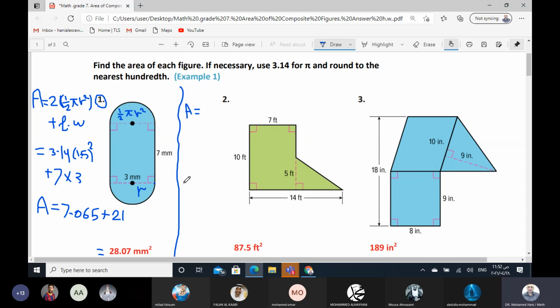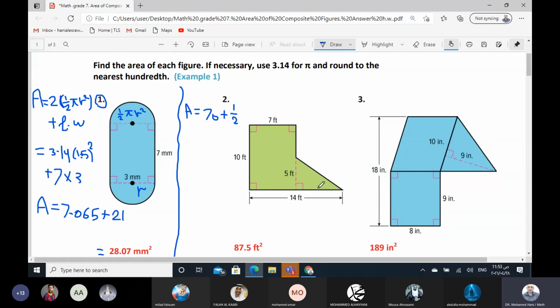Okay. So the area now will be the area of the rectangle, 7 times 10 will be 70, plus the area of the triangle, 1/2 multiplied by the base and the height.